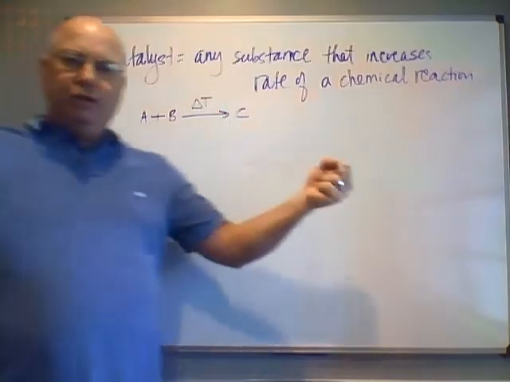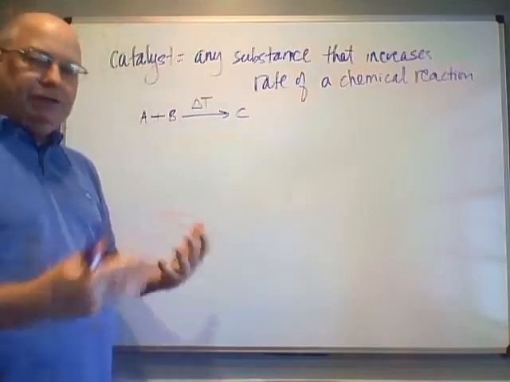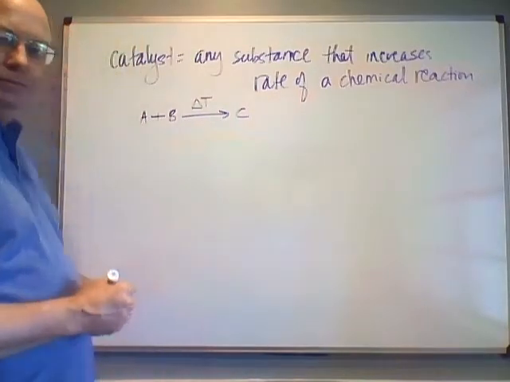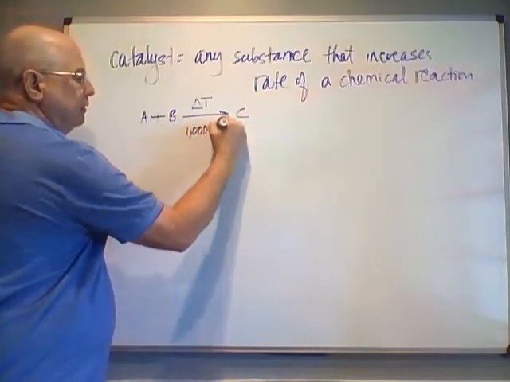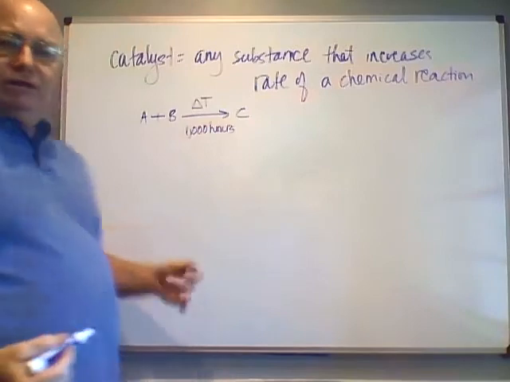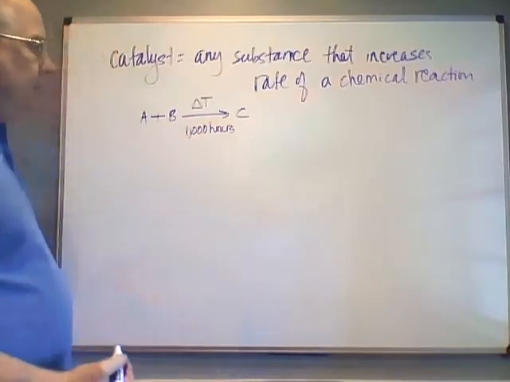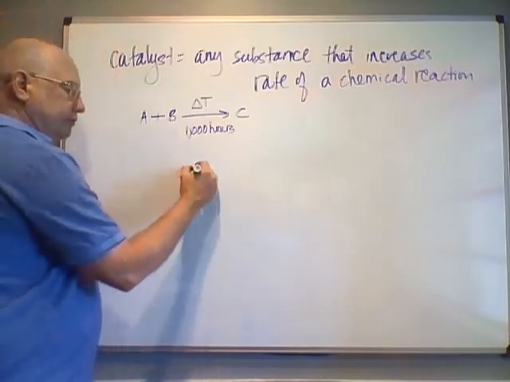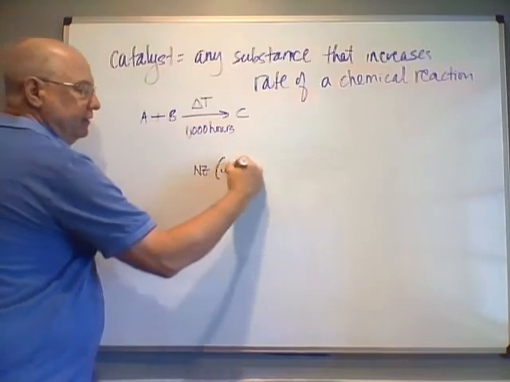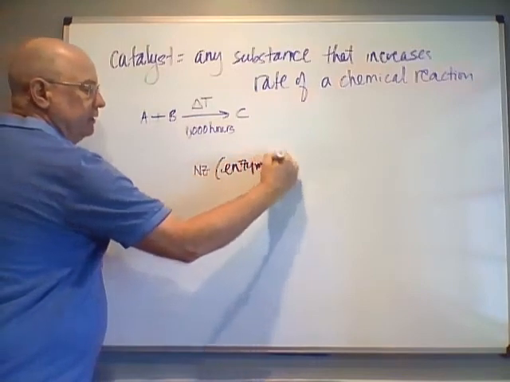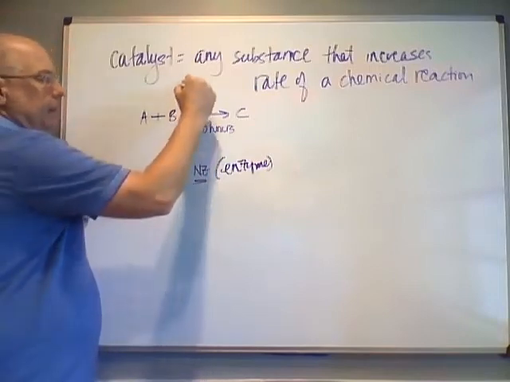For example, two amino acids can form a peptide bond, but in nature, that might take, I don't know, 1,000 hours. That's a long time. That's not fast enough for life to occur. Now, what if I took some substance, let's just call it substance NZ, which is actually an abbreviation for the word enzyme.